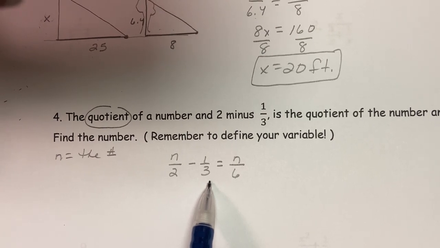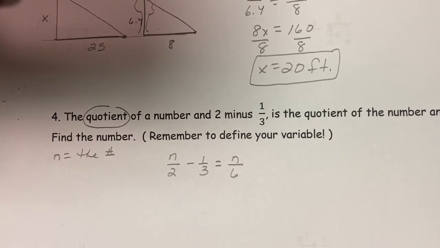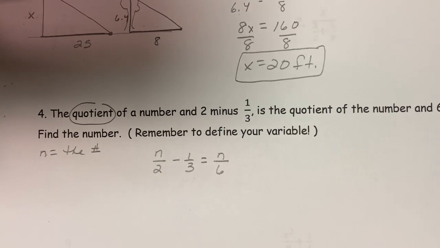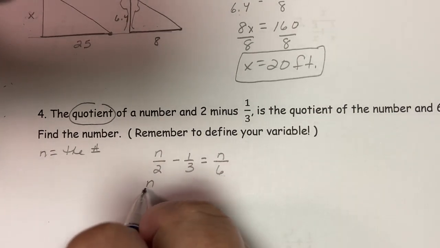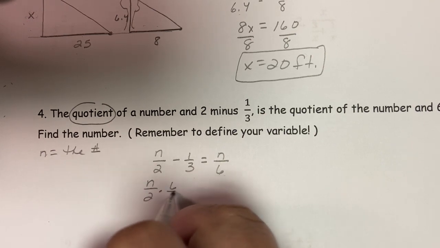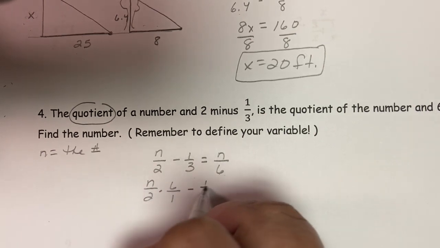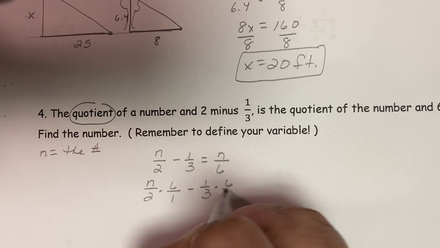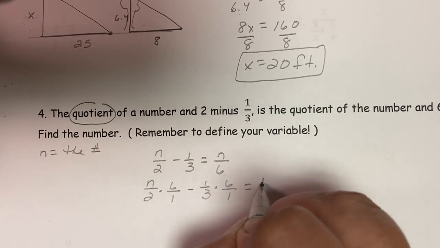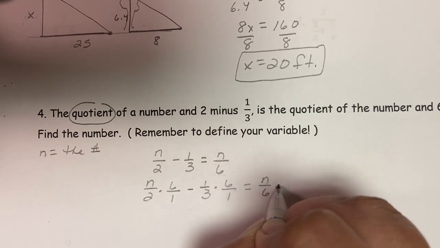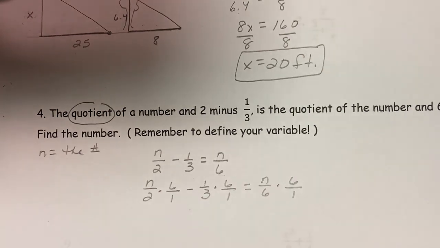So we have to go ahead and multiply every term by the lowest common denominator. The lowest common denominator is 6. So we're going to take n over 2 times 6 over 1 minus 1/3 times 6 over 1 equals n over 6 times, guess what, 6 over 1.